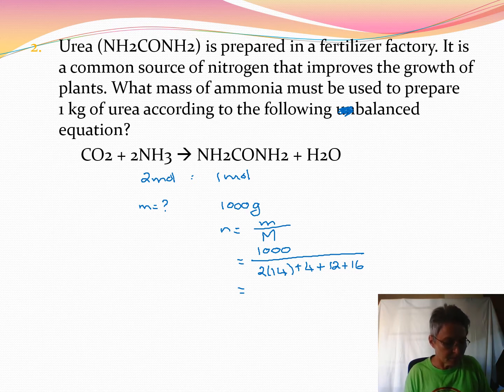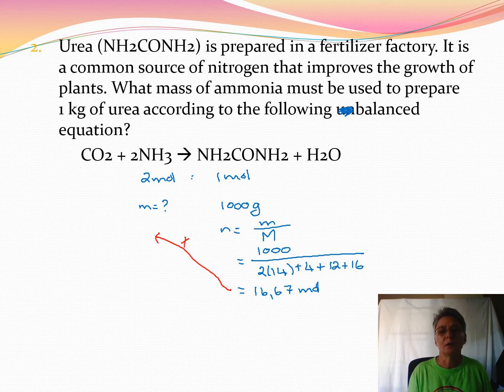I hope I'm not making a mistake. So this is 16.67 mole. Once again, I'm not rounding my answer on the calculator. I'm keeping it like that. Now, the mole ratio here is 1 to 2. So to change it to the moles of ammonia, I need to double up on the 16.67, and I get 33.33 moles of ammonia.